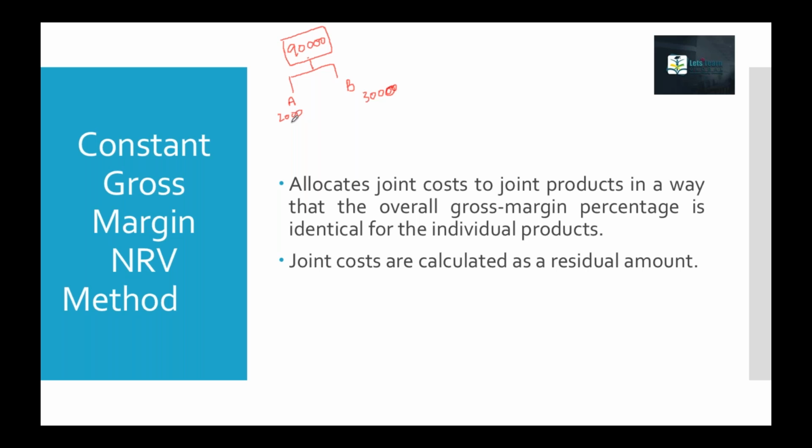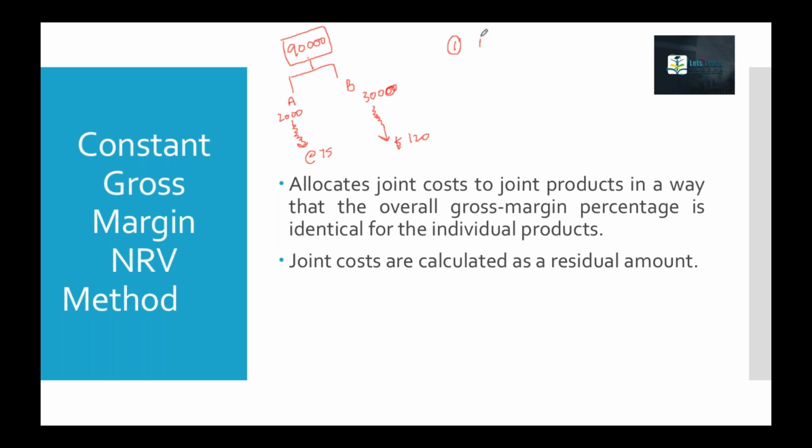This can be further processed, say for example, and we are selling at the rate of 75, and this is also further processed and we are selling at the rate of say 120. Now how do you calculate the joint cost of this 90,000 of A and of B? Step 1, what you need to know is the total sales value.